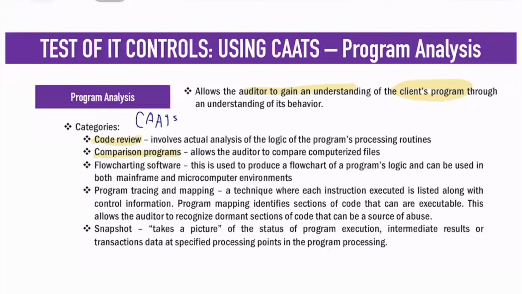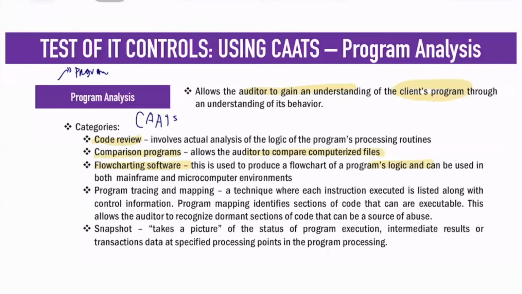You compare now the computerized files. So you compare the program to your computerized files. Further, to properly understand the program. Again, what do you need to understand here? The program itself. So to understand the program, you can also have flowcharting software. So you look into the flowchart, you document the software flowchart to understand the logic of the program.